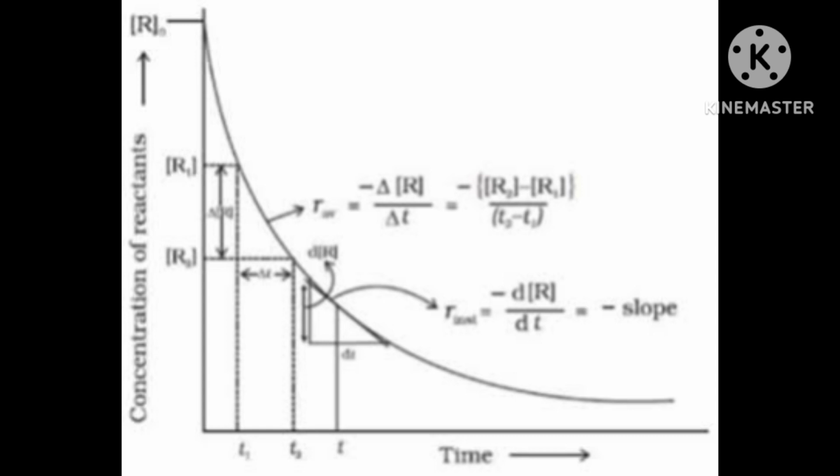It will be just like a swelling nature upward. From time zero, slowly and slowly the product is increasing, hence it will go up. The curve will be opposite in appearance to that of the reactant, which was going down.